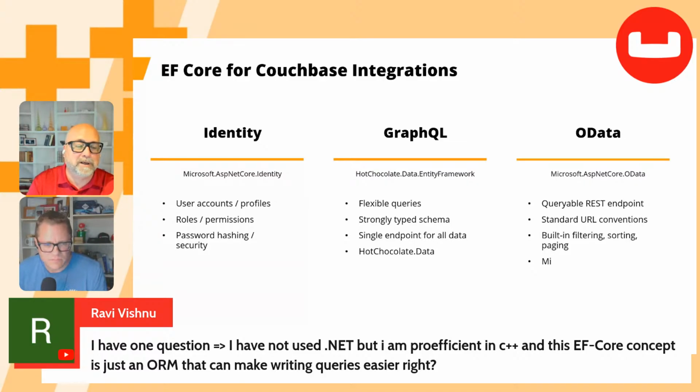I haven't done C++ in 30 years, so I don't know what's out there to write that can abstract your database queries, but I'm sure there is. But you're right, an ORM is just a way to make writing queries easier by allowing you to write it in the language that you currently are using, which in our case is C#.